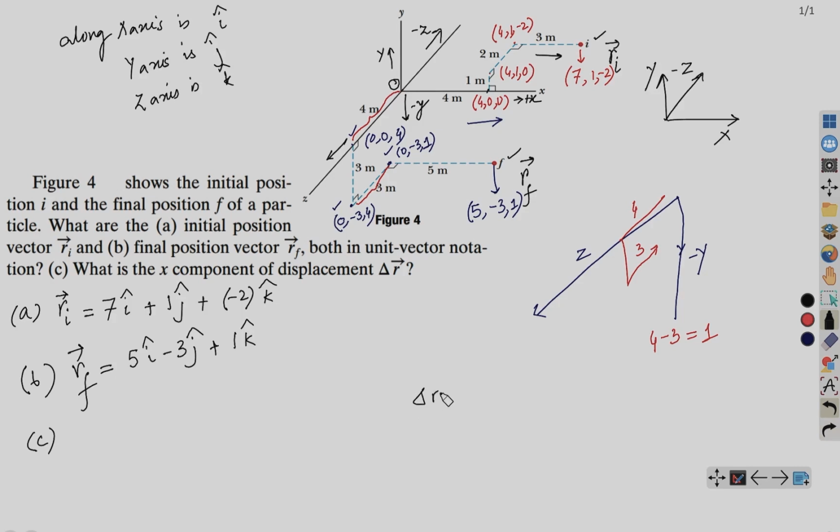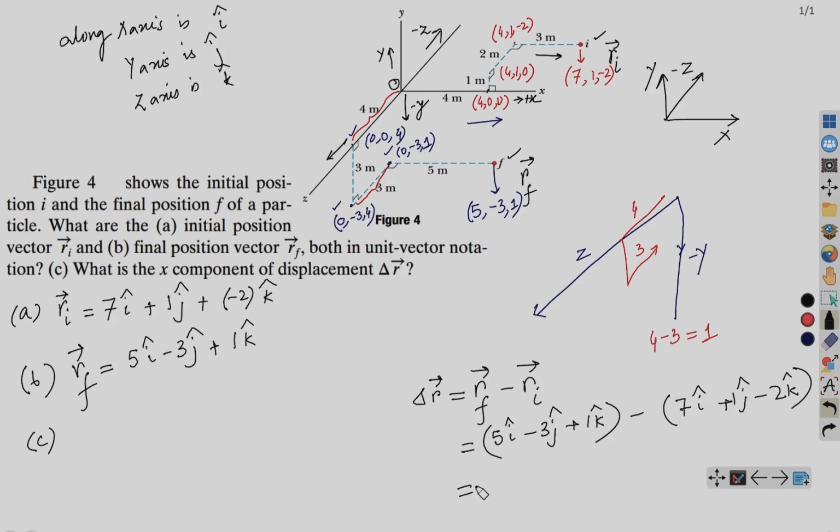Now we know delta r vector is defined by this expression: final position minus initial position of a particle, and we obtain our Rf vector is 5 i cap minus 3 j cap plus 1 k cap, minus our Ri vector, which is 7 i cap plus 1 j cap minus 2 k cap.